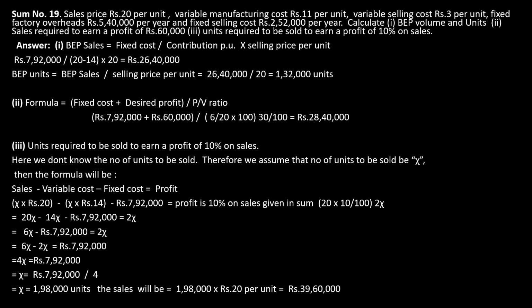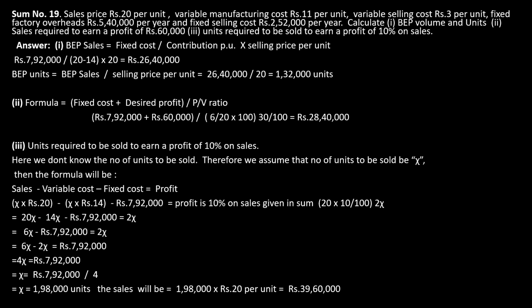That is what is given in the formula here. I'll repeat: 20X minus 14X minus 7,92,000 is equal to 2X. That is the last line. The same thing is written in the next line.